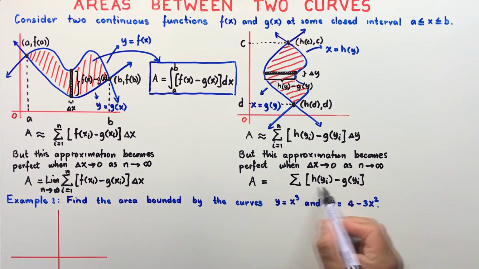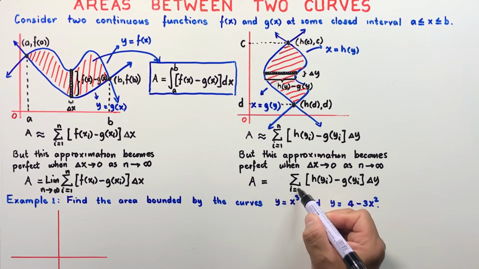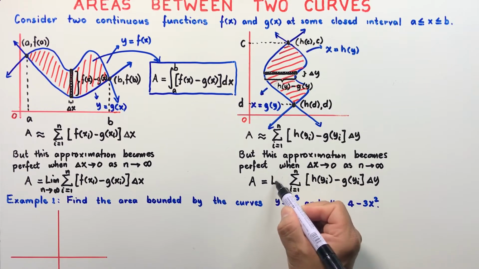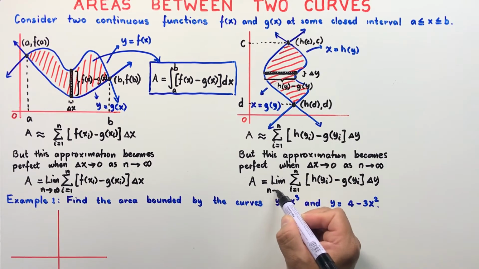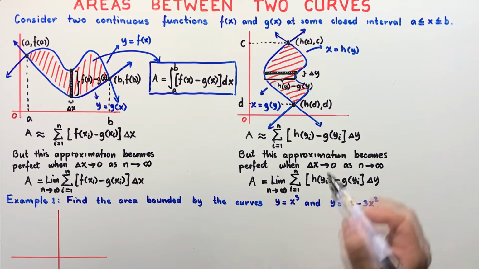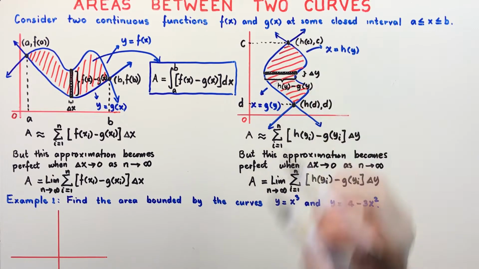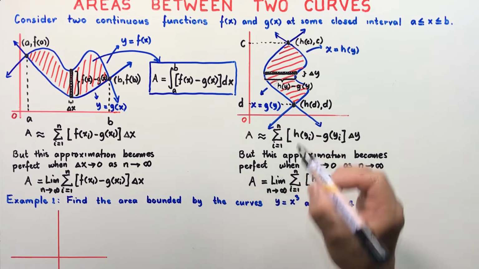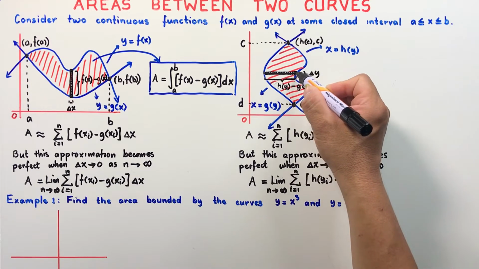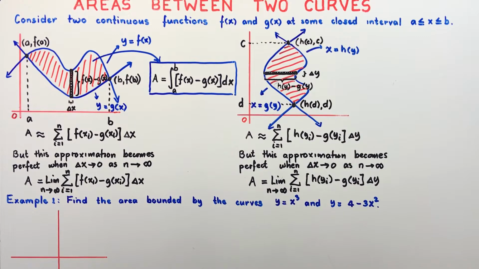So this is the length times its width of delta y. And there are how many slices? There are actually infinitely many slices at this time. Why does it become perfect? Because the excess area, the discrepancy, will eventually disappear, because every slice becomes thinner and thinner, and therefore you cannot notice the difference between the actual area and this horizontal area element.